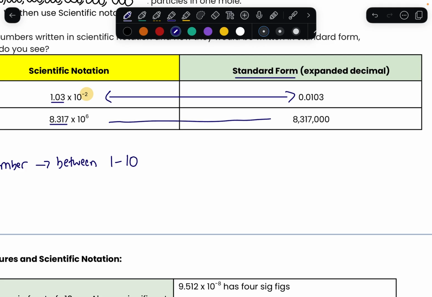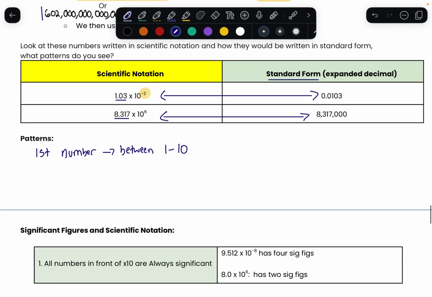And the same goes for this row as well. This 8.317 times 10 to the 6 is the same as 8,317,000. So the question here is, how do we get from one form to the other? And how do we know what exponent we write when we're writing in scientific notation?